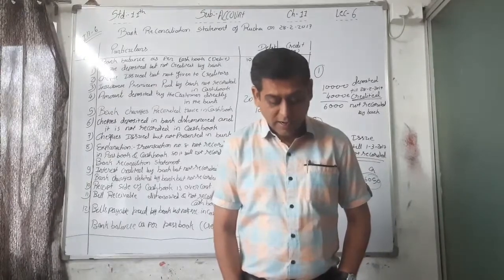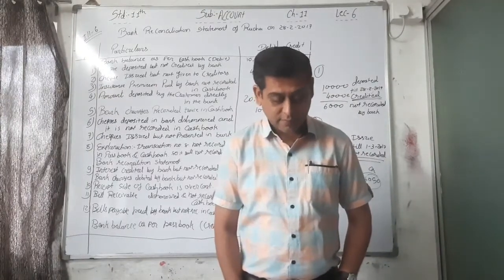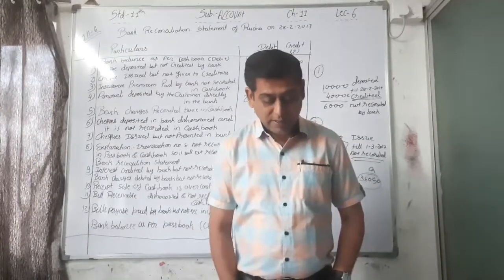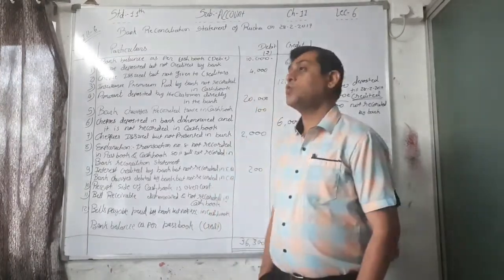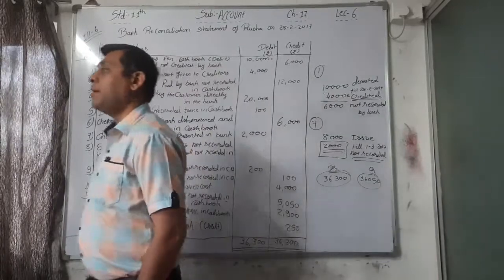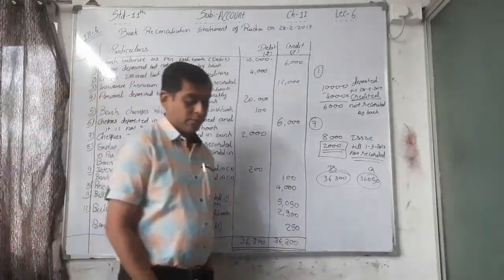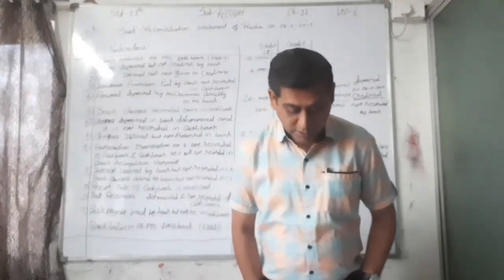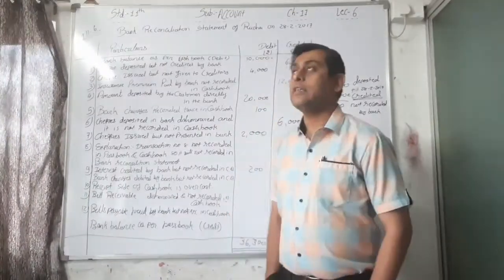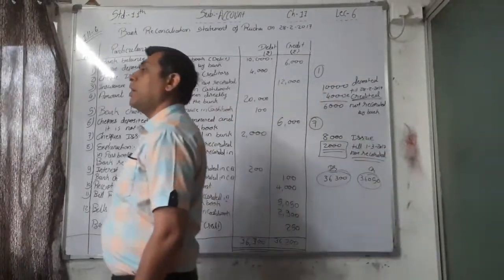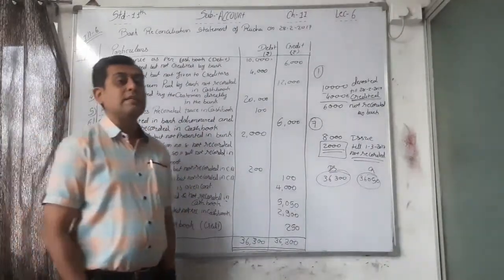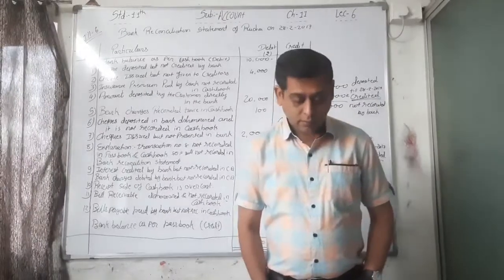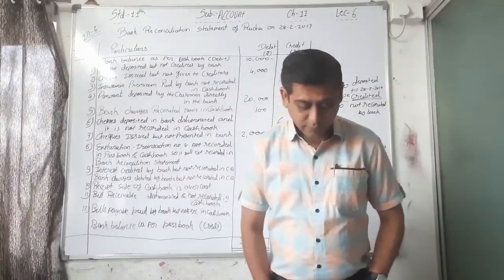Write down DR, debit. Ninth point, cheque deposited but not credited by the bank. DC again, cheque deposited but not credited, so credit. Write down CR.